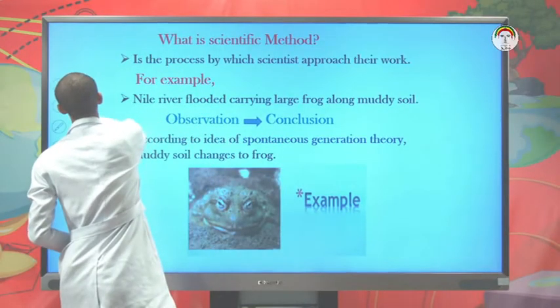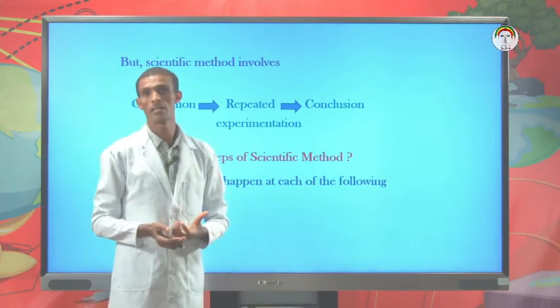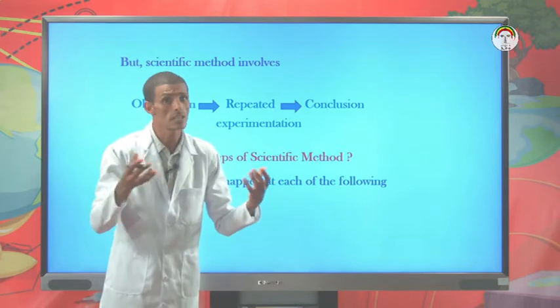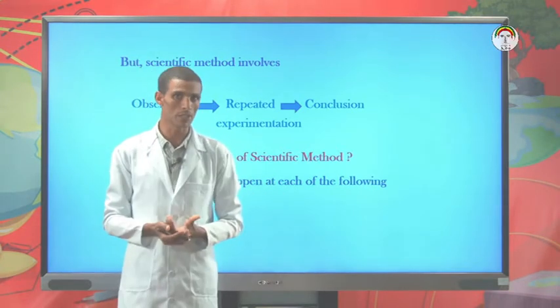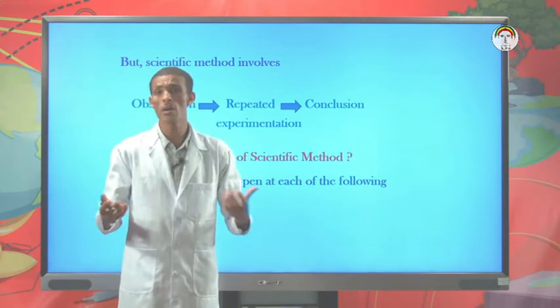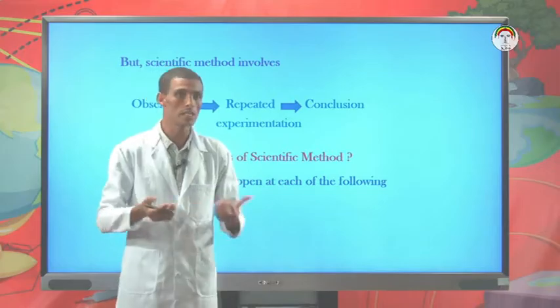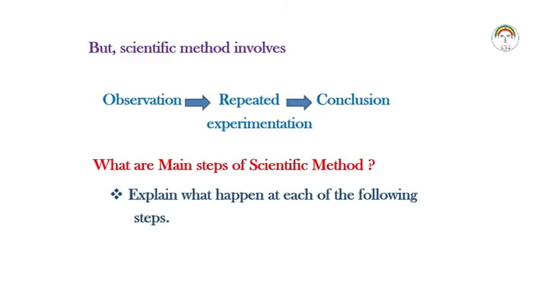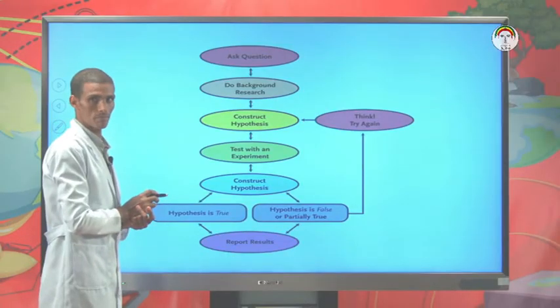But nowadays, in the recent scientific method, they observe their surroundings and carry out repeated experimentation. After they carry out repeated experimentation, they give a conclusion, which is the reverse of the ancient one. So scientific method is based on repeated experimentation.